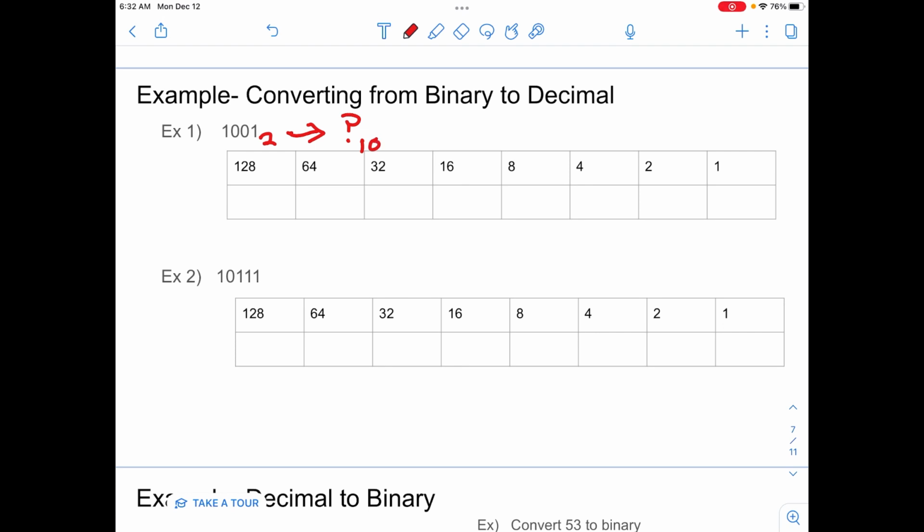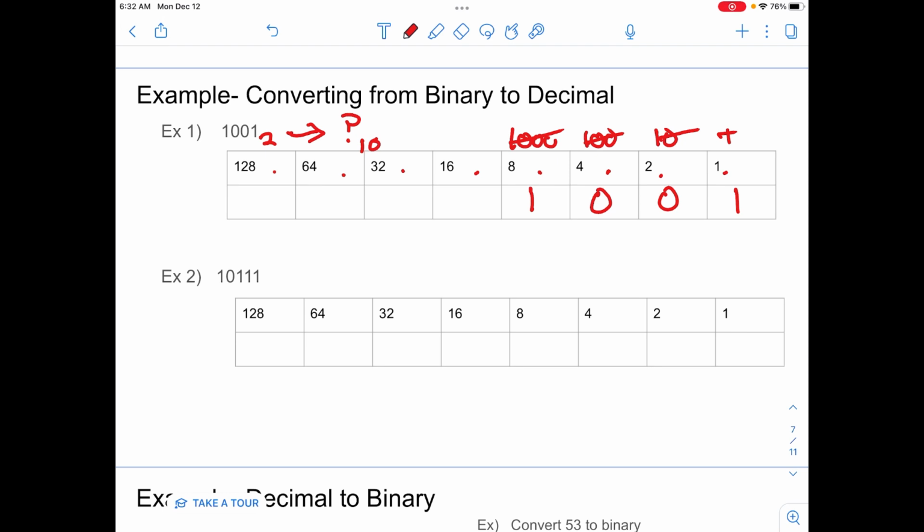So I find it useful to write out a chart when we're doing these. And instead of putting in ones, tens, hundreds, thousands, like our decimal number system, we'll put in our new base 2 place values. So 1, 2, 4, 8, 16, 32, 64, 128, 256, and so on. And what I'm going to do is write my number underneath. So 1, 0, 0, 1.